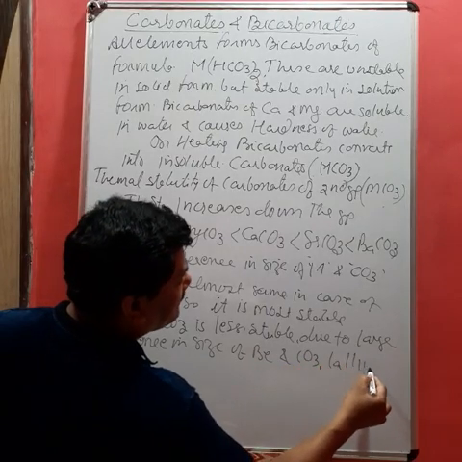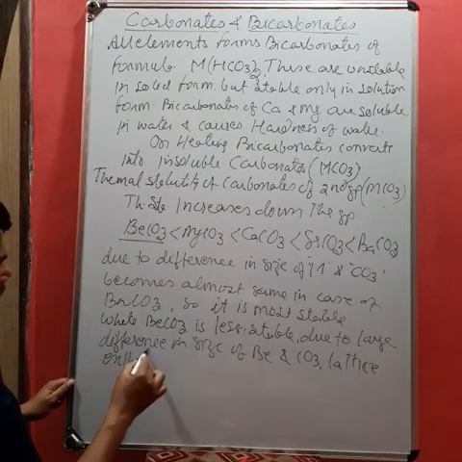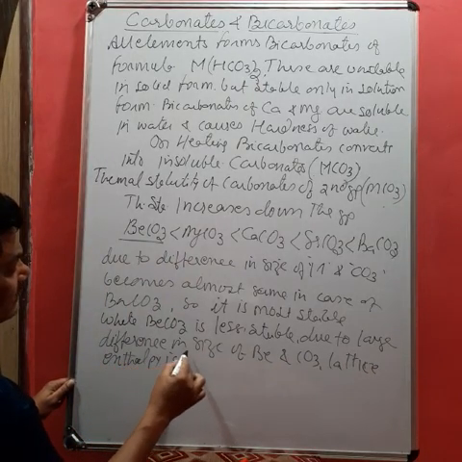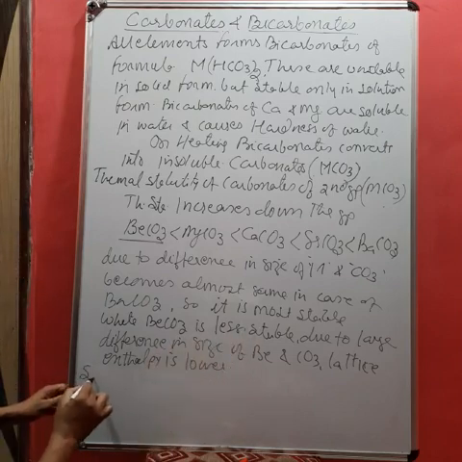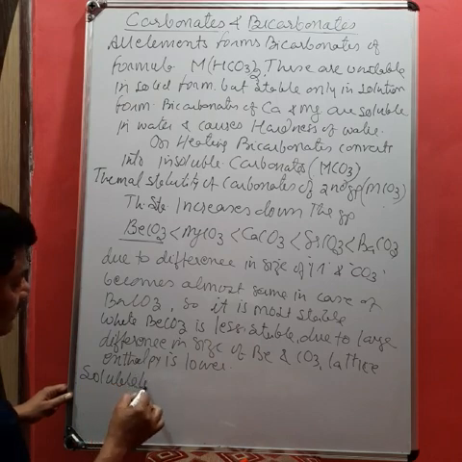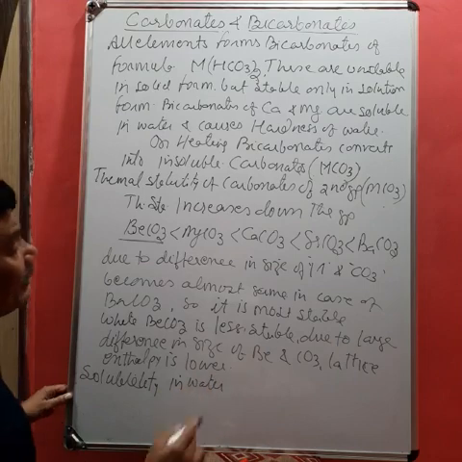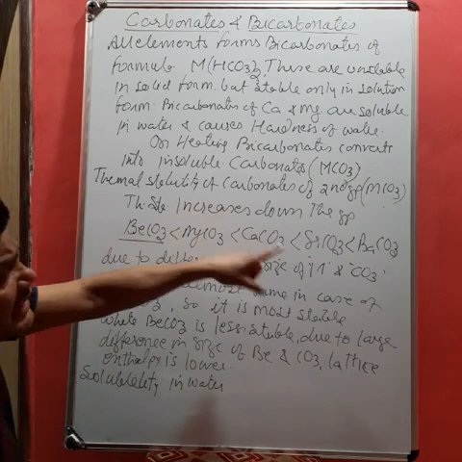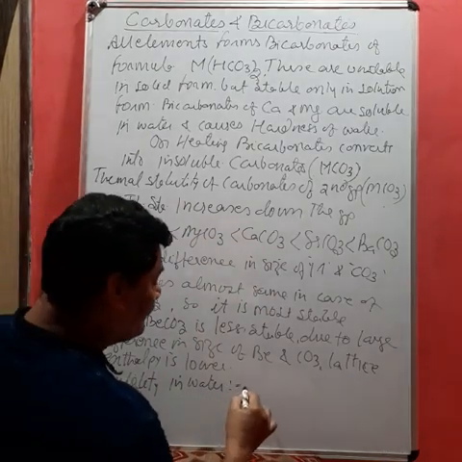Lattice enthalpy is lower. Okay. Now student, on the basis of it, we can explain the next property, solubility in water. Okay. Now, if the lattice enthalpy increases, okay, the solubility will decrease.